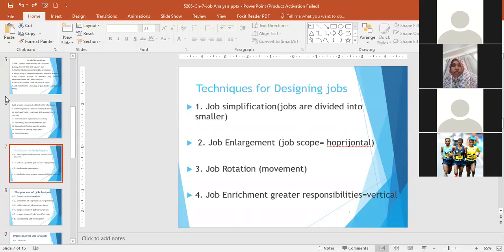So in this case, if an institution uses job specification, the jobs are divided into smaller parts, then we get 2 advantages, right?